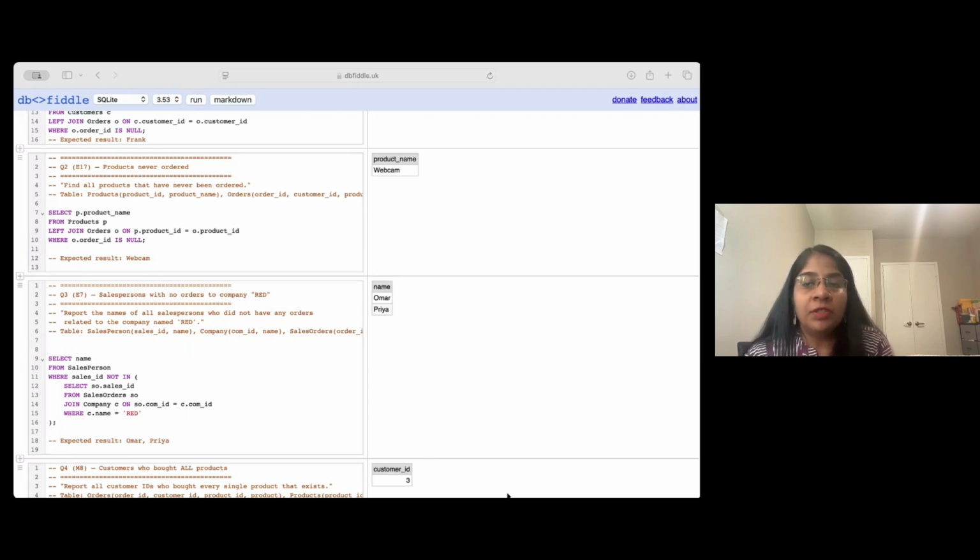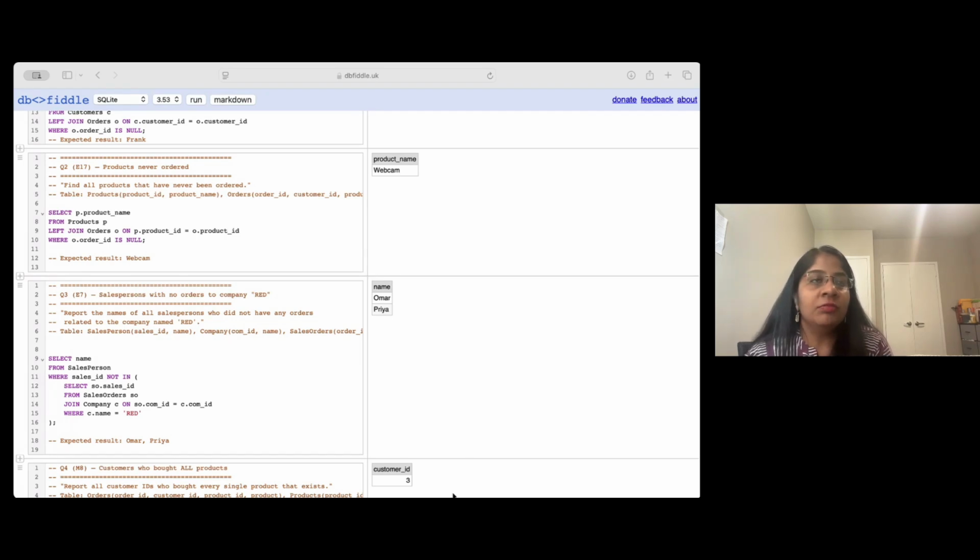A subquery with a NOT IN is cleaner. The first step is to isolate exactly who did sell to Red and then exclude them. It is the same underlying idea as how the left join was used, but the tool has changed.